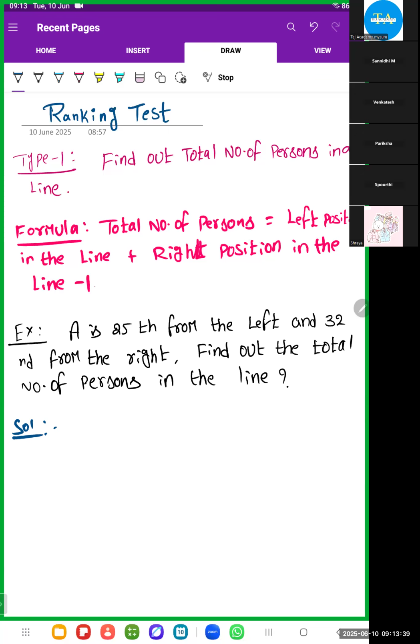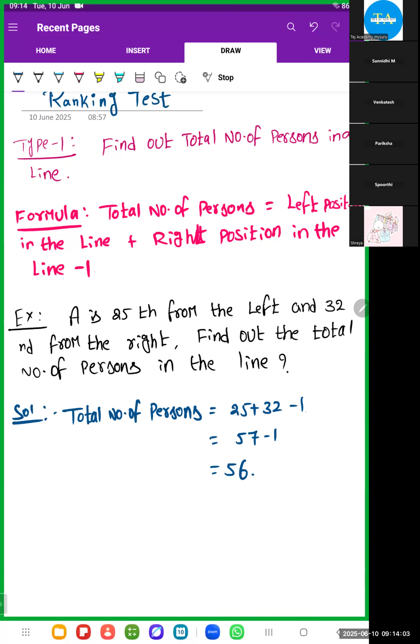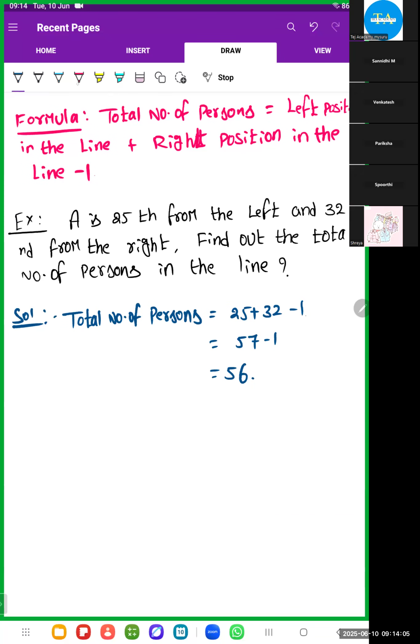So total number of persons is equal to 25 plus 32 minus 1. So 57 minus 1 is equal to 56 is the total number of persons. Okay, so next one more example.